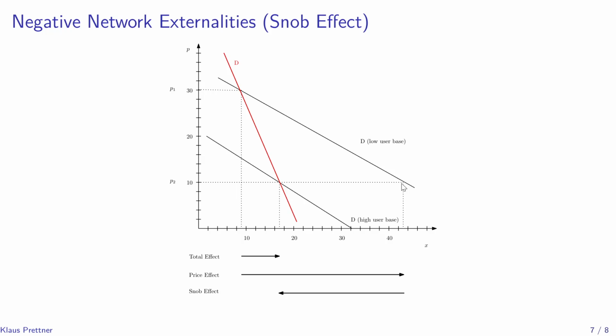The pure price effect would have been much greater because we would have ended up here with a very large reaction in demand for this price decrease. But this is compensated by the Snob effect to a large extent. So this effect that the good becomes less desirable because more people use it compensates for most of the increase in demand that would be due to the pure price effect, so that the total effect is much smaller.